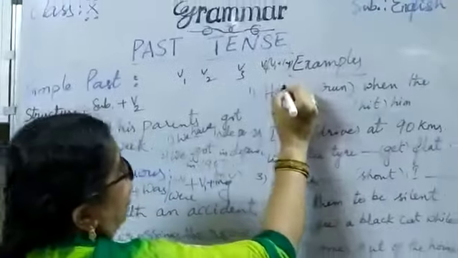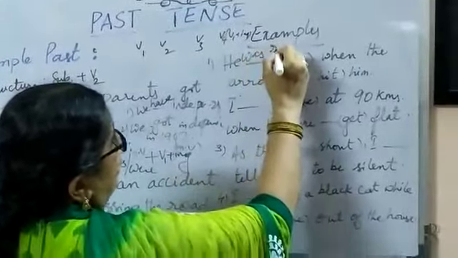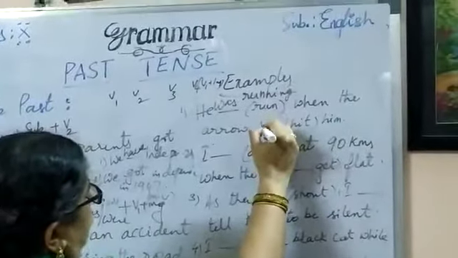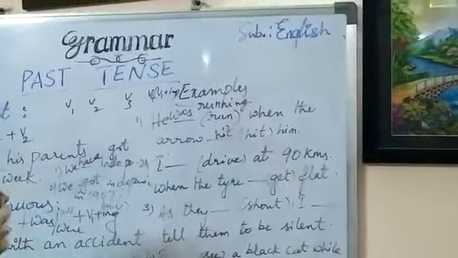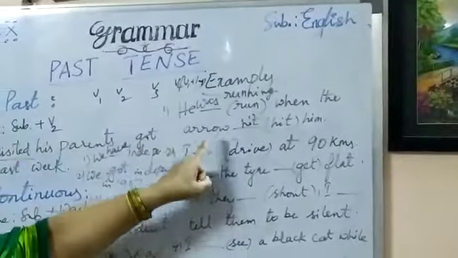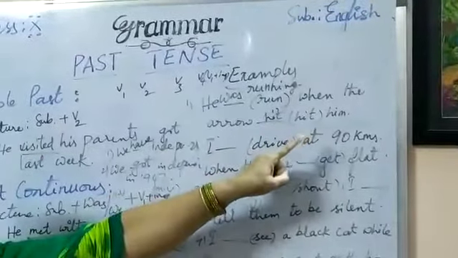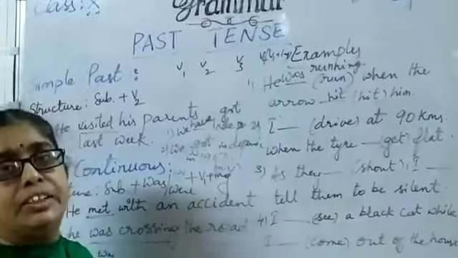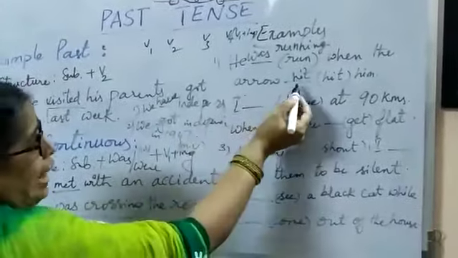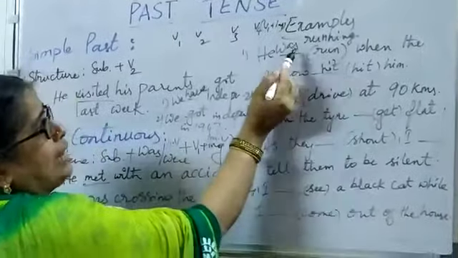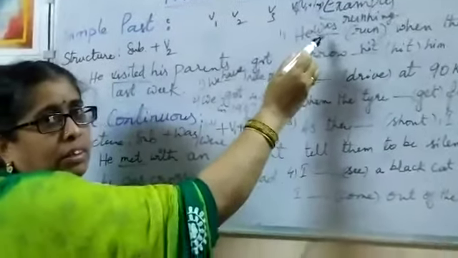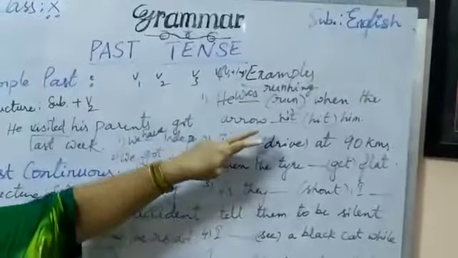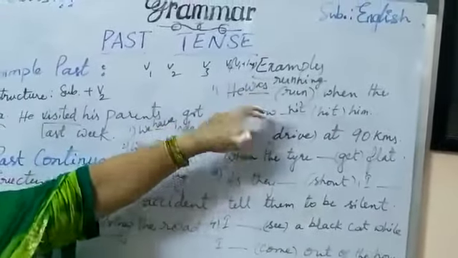That's why here you have to use he was running. He was running when the arrow hit him. There is no possibility of this action being in continuous form because this action happened because this action was going on. In that way you have to distinguish between the simple past and past continuous.